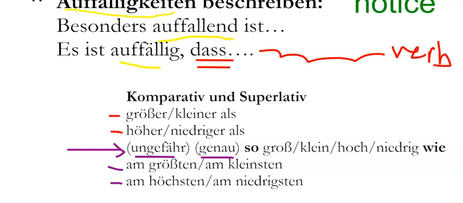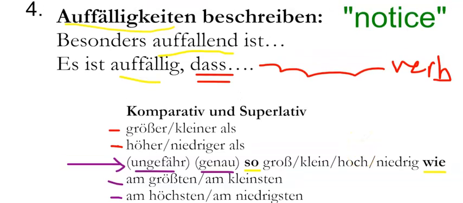So something is exactly as big as something. So so wie is what you would use for those comparatives and superlatives. And you'll probably want to have a couple sentences just talking about, well, what do you notice?